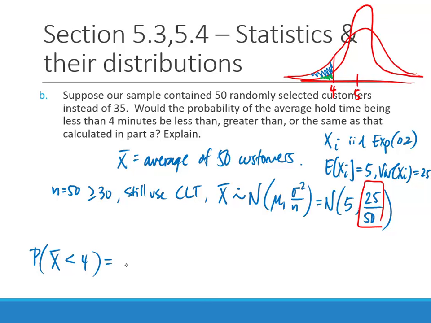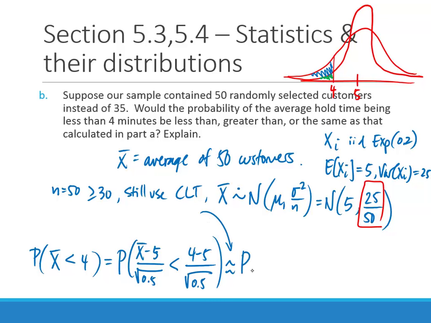So with 50 people, this is now the probability. Take x bar minus its mean, divide by the standard deviation, square root of 0.5. Again, this is thanks to the CLT.